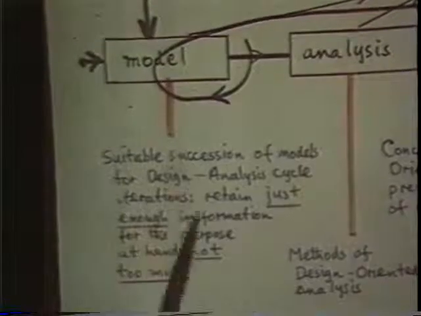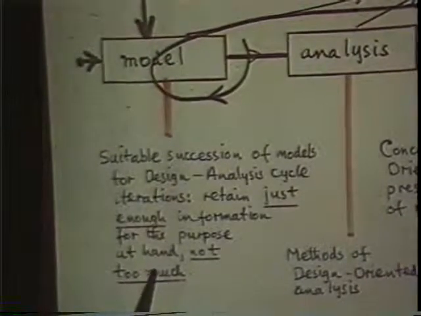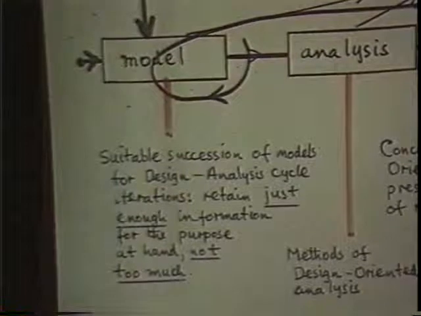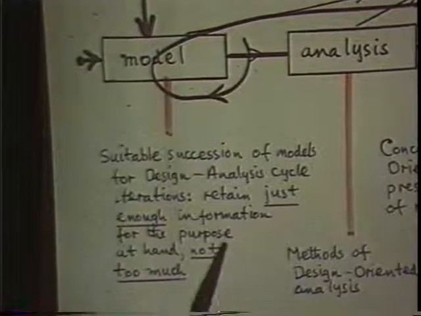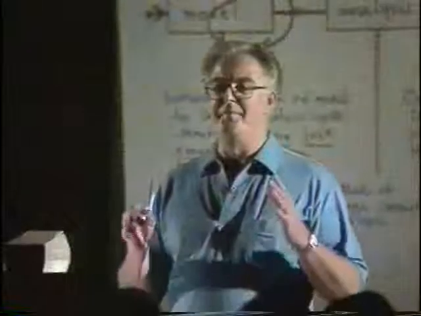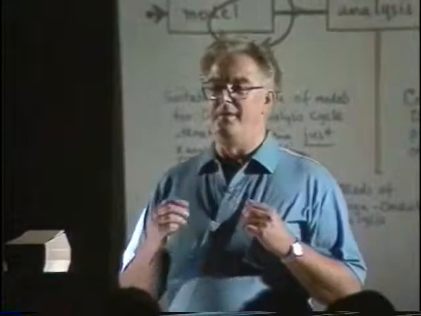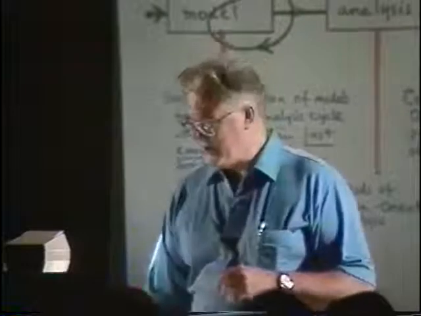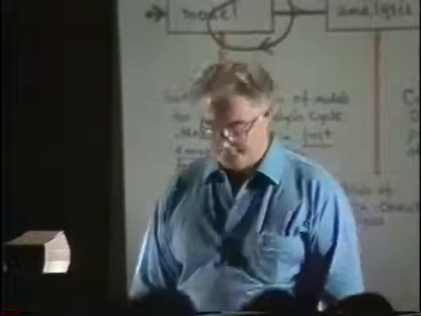But that's one of the difficulties that leads to this roadblock, where you can't complete the analysis. In other words, as in so many things, it's the happy medium which is the desirable objective. Just enough, but not too much.